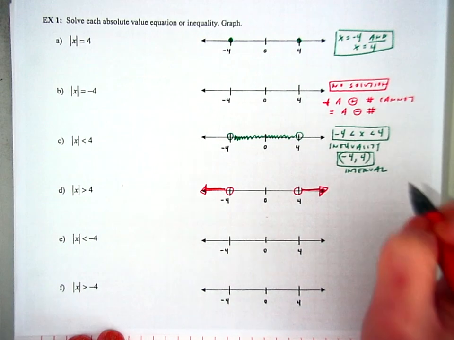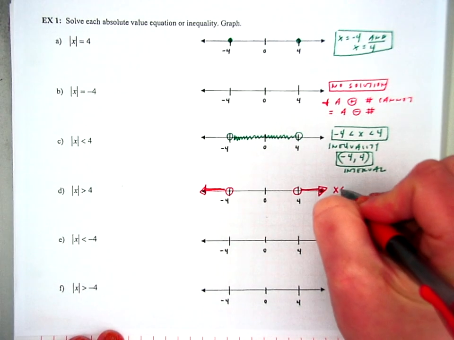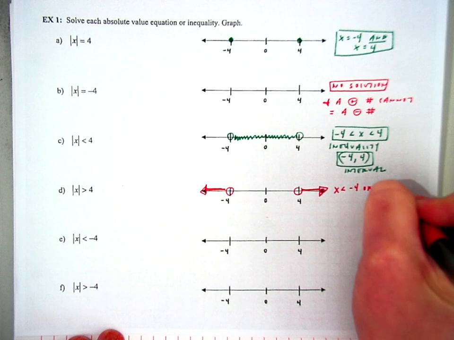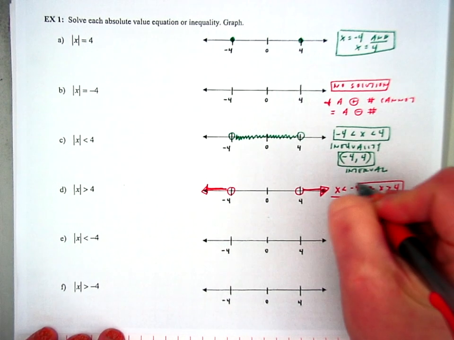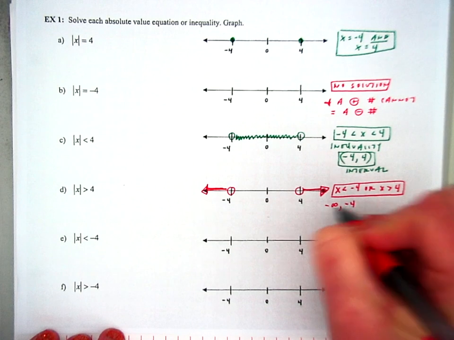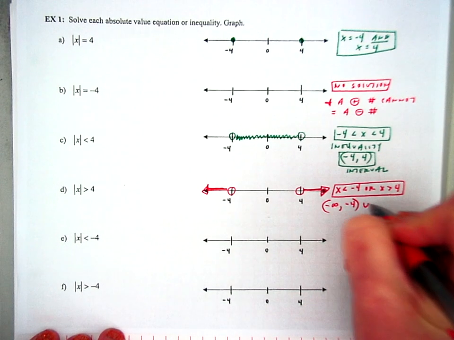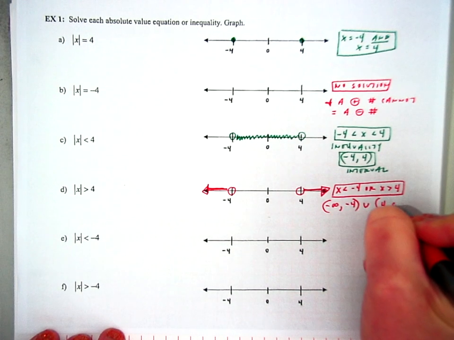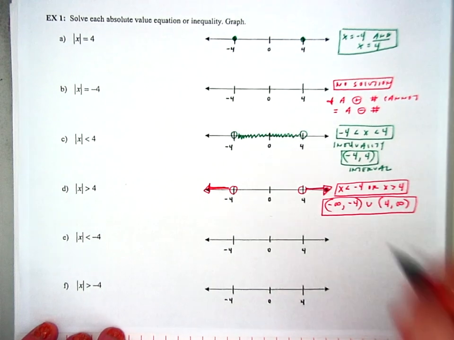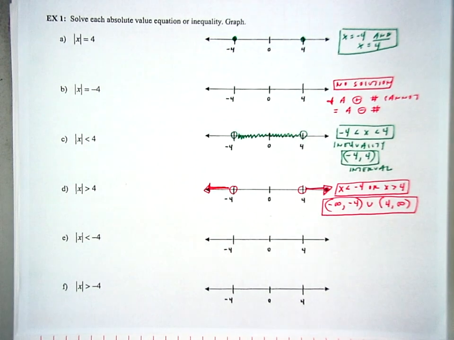So in inequality notation, I can say x is less than negative 4 or x is greater than 4. I could also say from negative infinity to negative 4, parentheses, union with 4 to infinity. I could write it in my interval notation like that too. They both work. Again, does not matter to me.